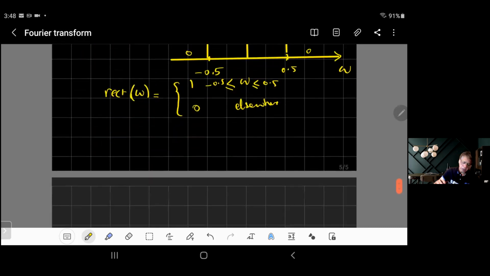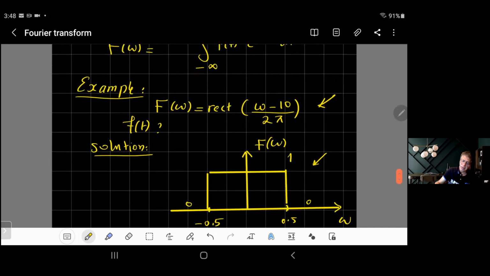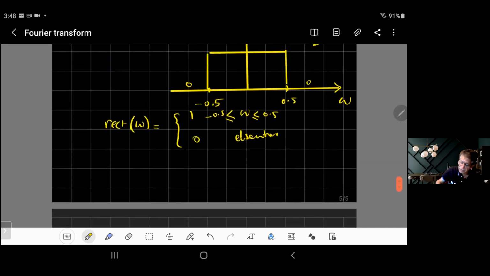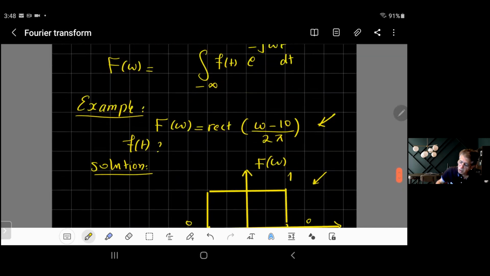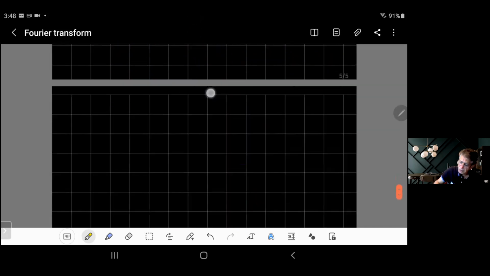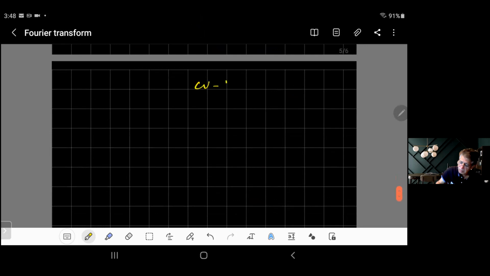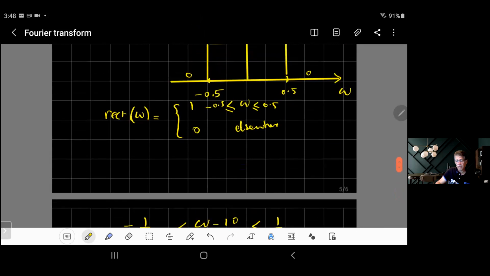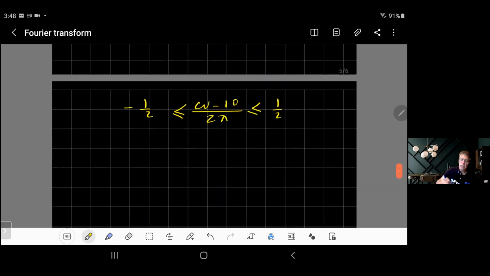How will we do that? All right, we'll take whatever is inside, it should be greater than minus half and less than positive half. So what's inside here? Omega minus 10 over 2 pi. So you write omega minus 10 over 2 pi, and it should be greater than minus half and less than 1/2, because that's the rectangular function. Now try to find the limit of omega. So you multiply both sides by 2 pi.